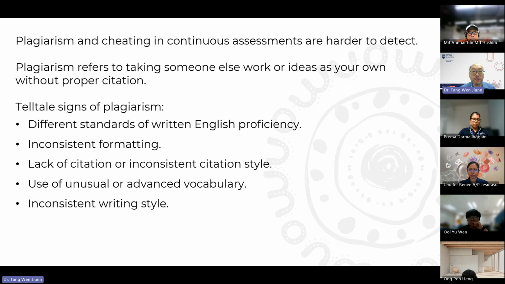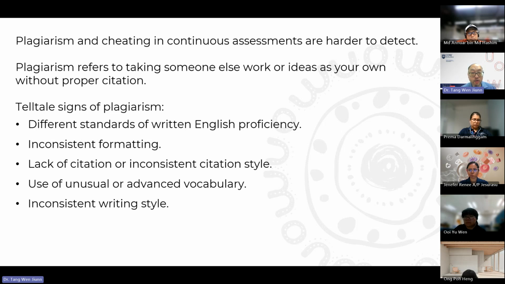Sometimes they use some tools to give synonyms for the words. When we read, we know something is wrong. And inconsistent writing style. So these are some of the things that, by reading their answers, we can use to roughly know whether it is a genuine piece or not.